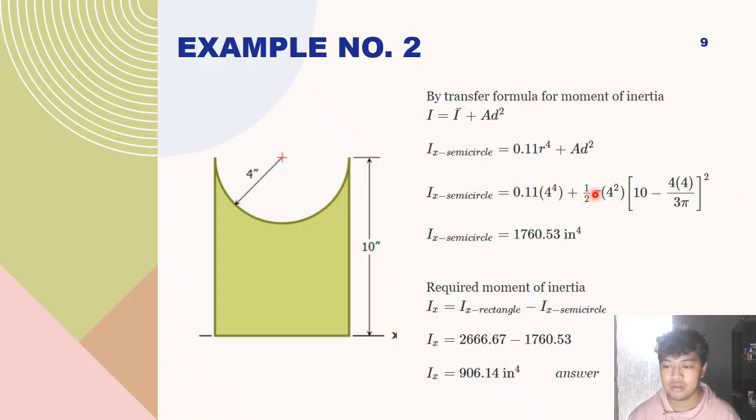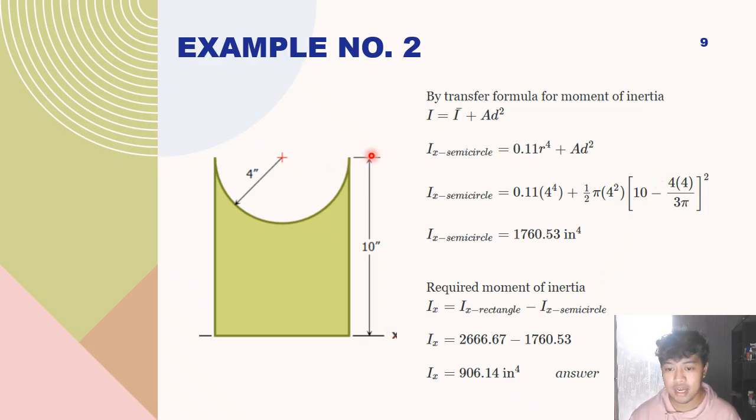Then we have the area of our semicircle. We have pi r squared, so pi times 4 squared over 2, since it's a semicircle, we divide it by 2. And then we multiply it with the perpendicular distance of the centroid of the semicircle towards the reference axis, which is the x-axis.